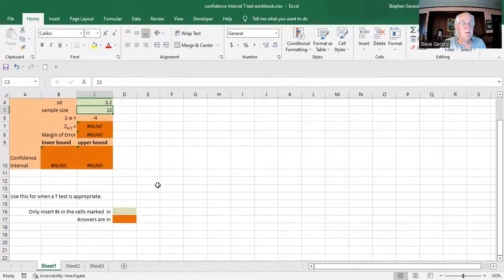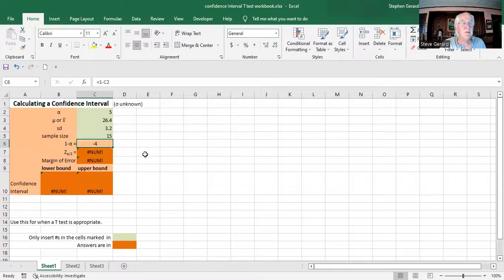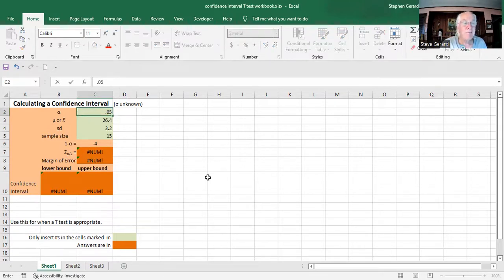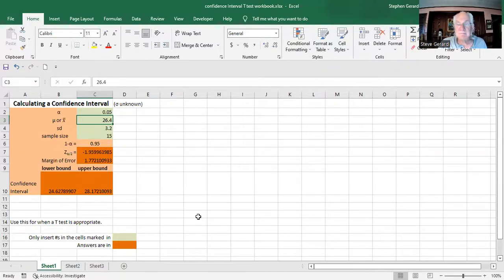I'm not going to stay online with you here while I'm doing this. First of all, that should never come up. 1 minus alpha. Oh, here's the problem. I put in 5 for the alpha. It can't have a 5. It could be a 0.05. Let's do that. Oh, okay, there we go. And then it gives me a confidence interval here of 24 to 28.